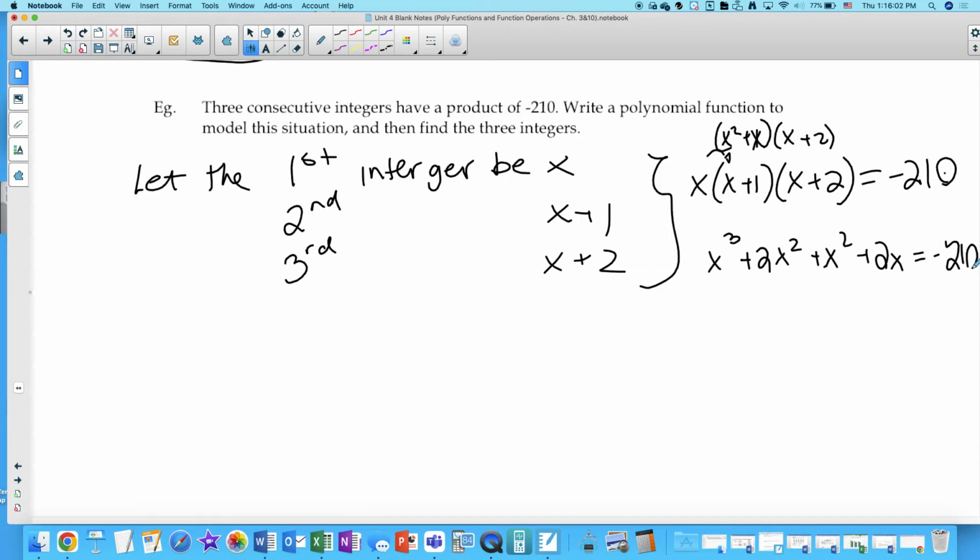We can do yesterday's lessons. Exactly. So now we are going to equate to 0: x cubed plus 3x squared plus 2x, and then I'd have to add 210 to both sides, equals 0.